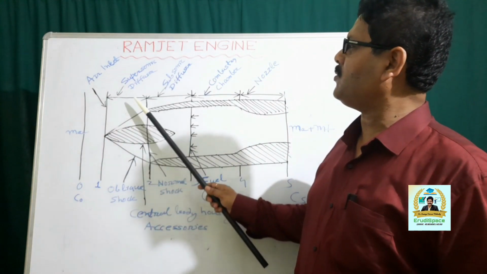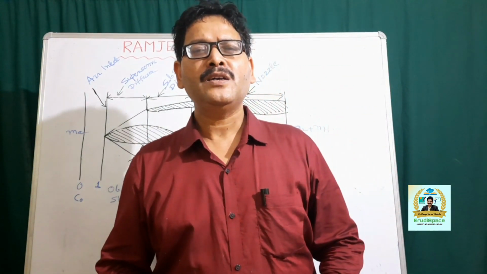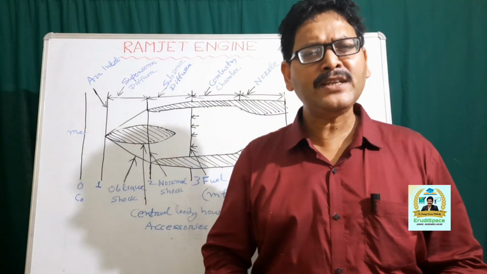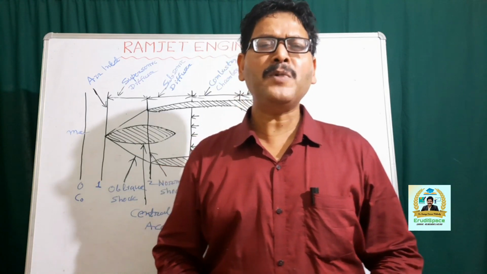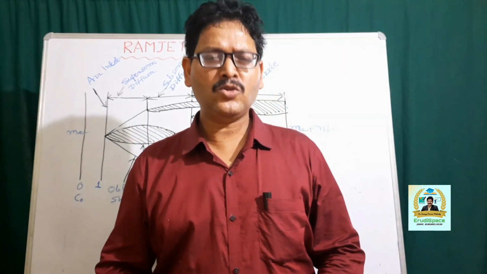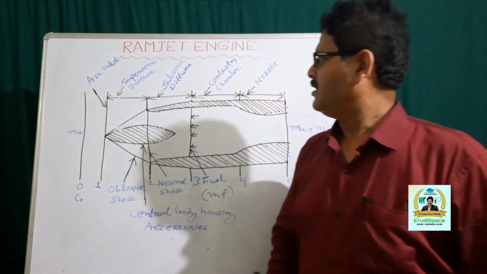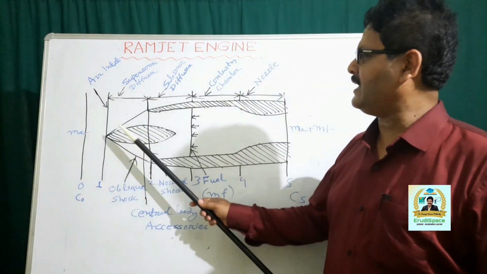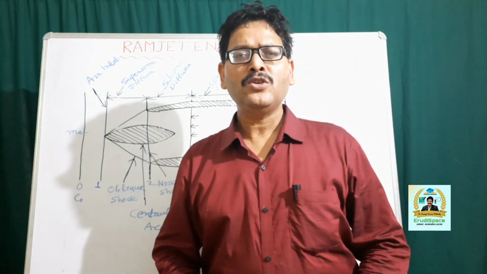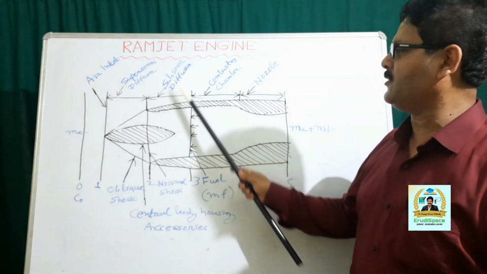When I am talking about a supersonic diffuser, it means the speed at which the fluid enters the diffuser is much more than the velocity of sound. When it is above the velocity of sound, we call it supersonic speed, and the diffuser so used is called a supersonic diffuser.